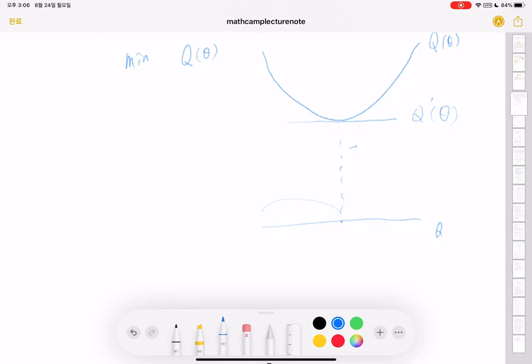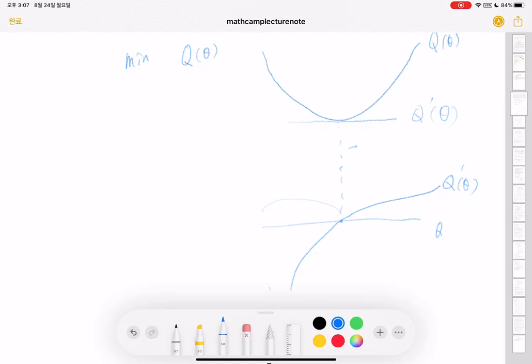It may not be a line, so let's just use a function that is not a line. And you want to find the solution. This is your q prime of theta.